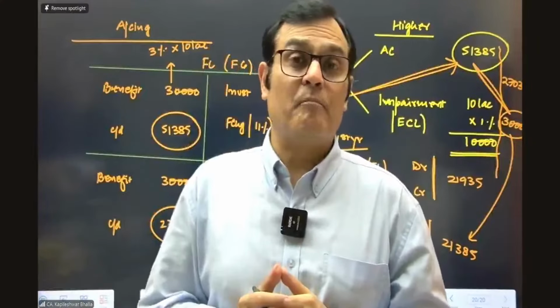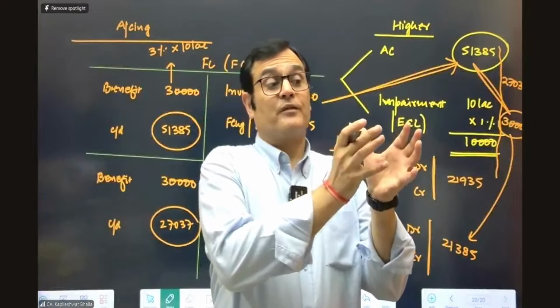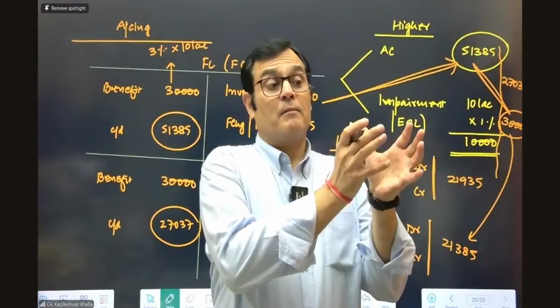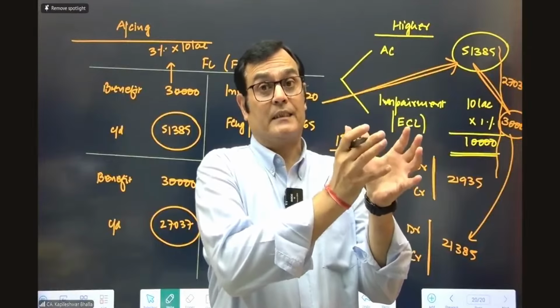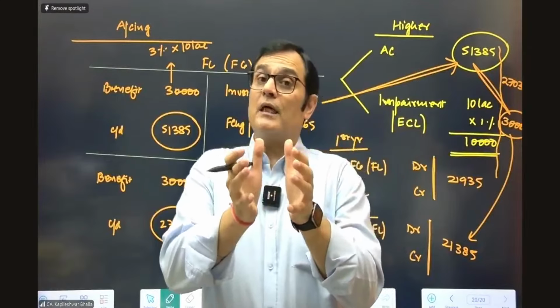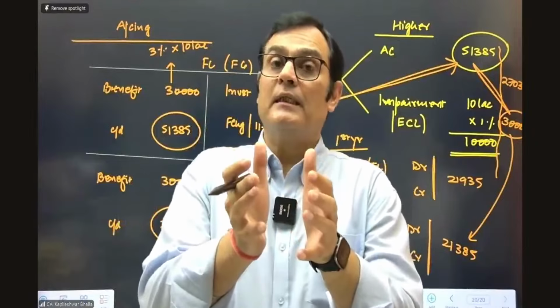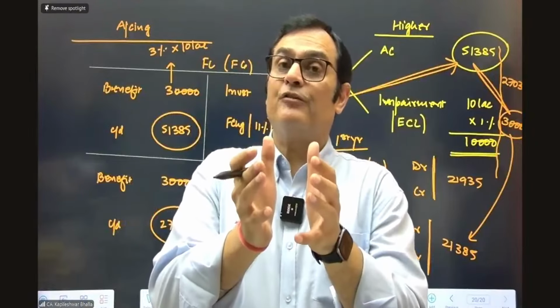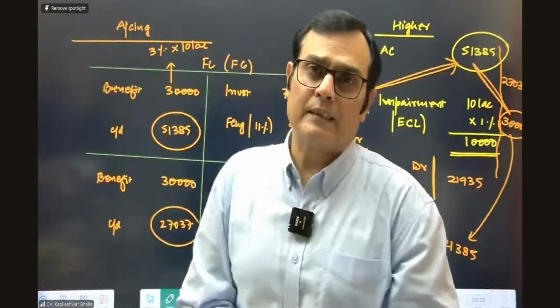So now if you just map your mind in terms of financial instruments, you will realize that we have covered the areas in terms of compound financial instruments, which is the main component of Index 32. Then we went to the accounting of financial assets and liabilities with all the permutations, combinations, typically the amortized cost and the fair value through OCI. We picked up two special issues in that case.